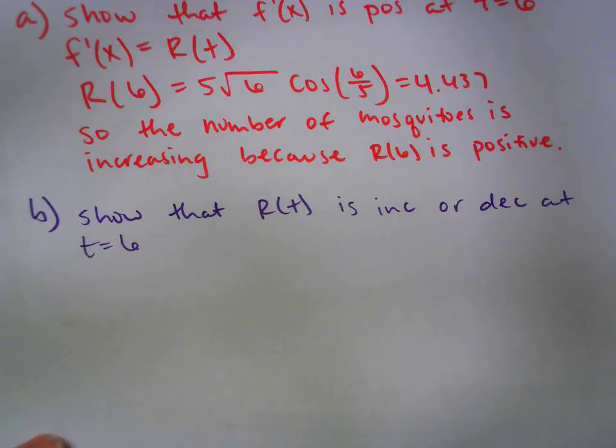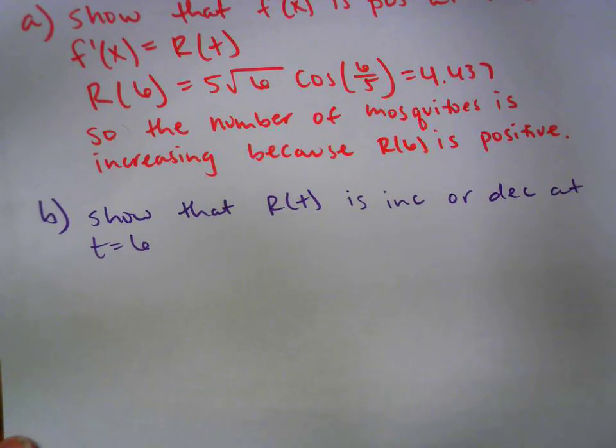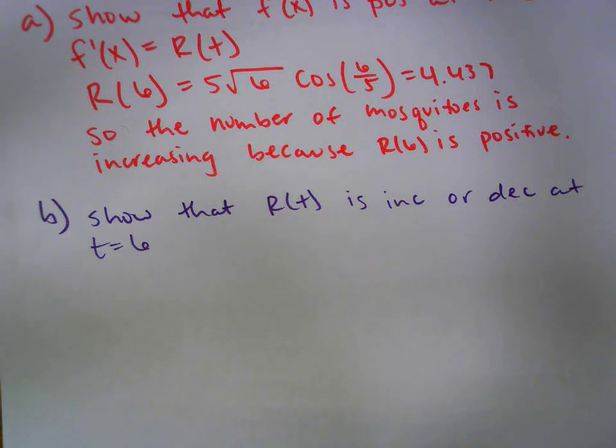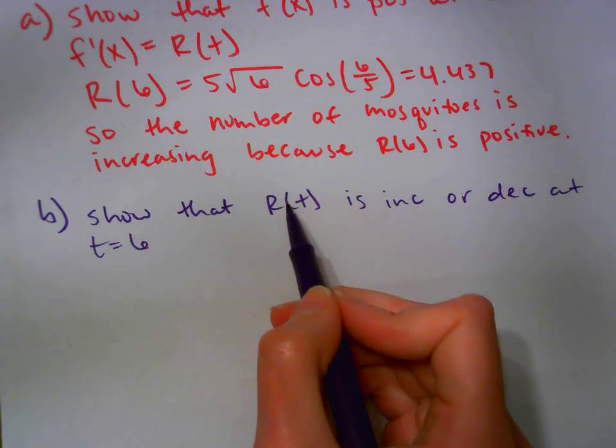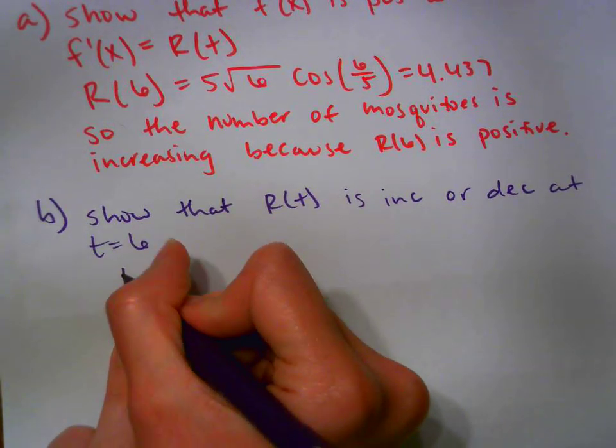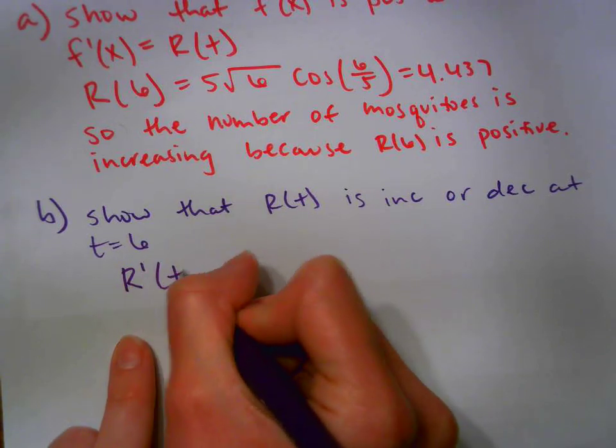You could do this a number of ways. I think to get the full credit on this, you had to consider, how do you know? Normally what you do is you take the second derivative and you see if it's positive or negative. This is your first derivative, it's your f prime, so then we would be looking at the derivative of that.